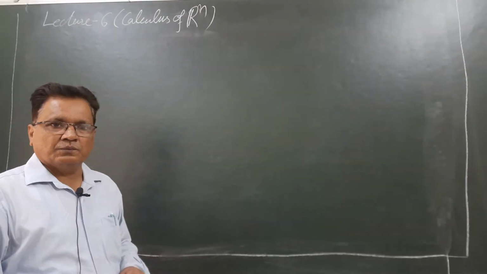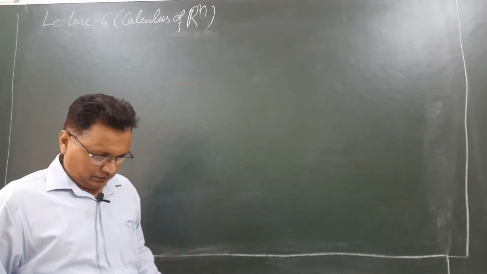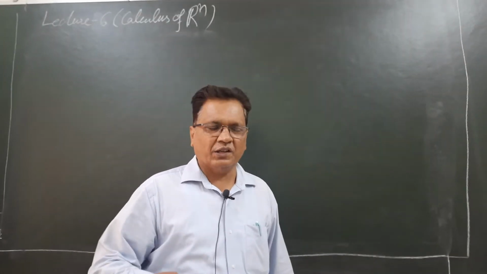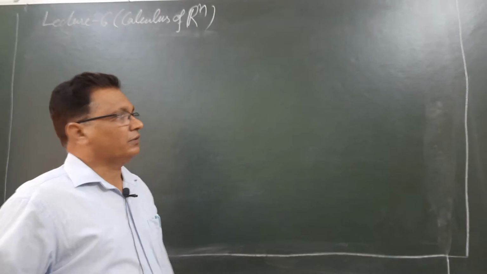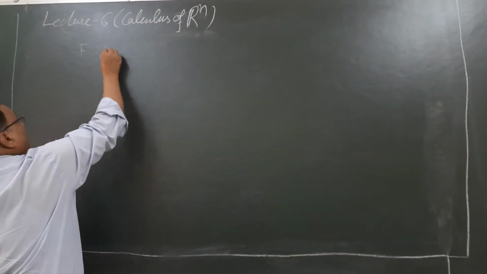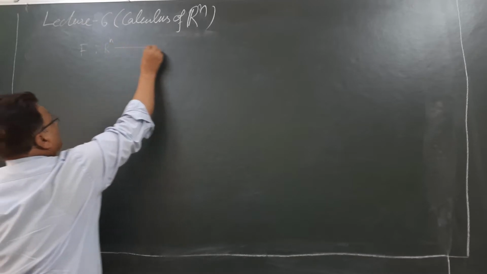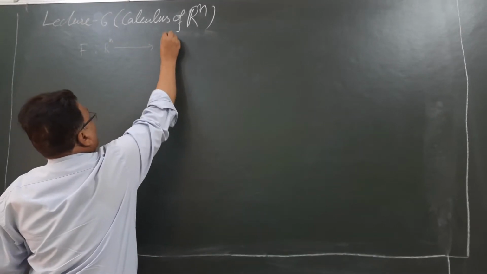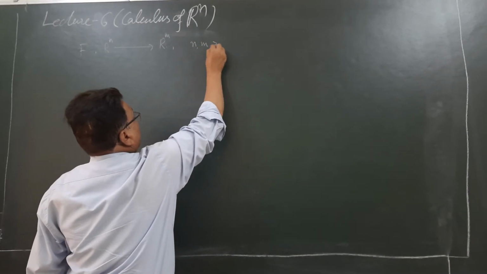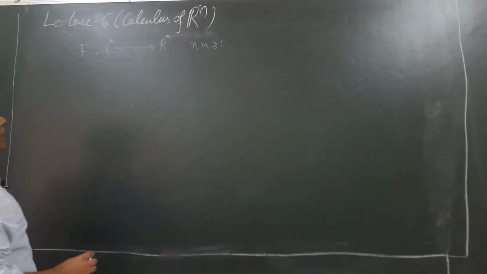Yes, so we were discussing functions from Rn to Rm, and we were talking about the differentiability of these functions. So, in fact, we are dealing with functions from Rn to Rm where n and m are positive integers greater or equal to 1.